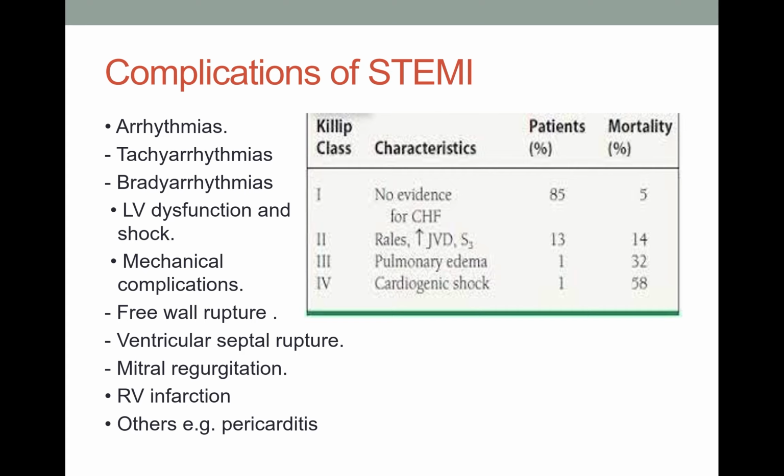For a patient with MI, it's straightforward, you start streptokinase or Metalyse. During the period you start thrombolysis, you need to monitor the patient. The patient needs to be on a cardiac monitor with a defibrillator.